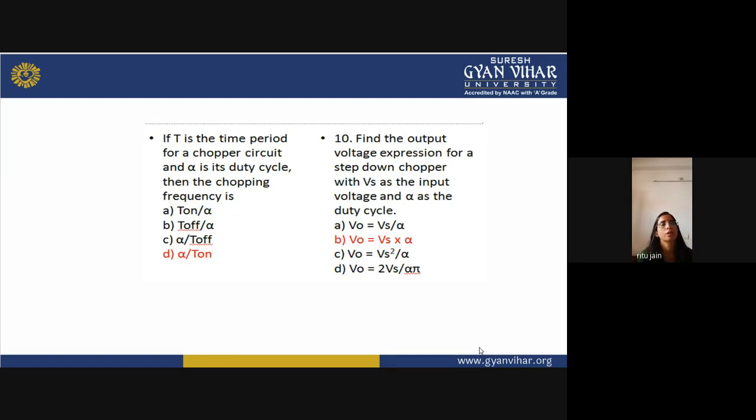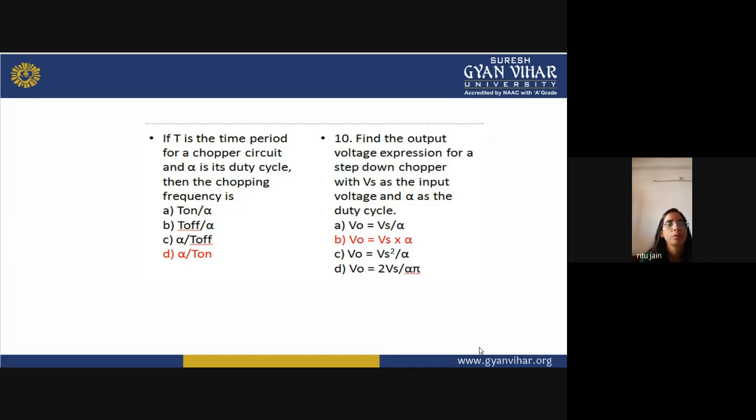Next question: T is the time period for a chopper circuit and alpha is its duty cycle, then the chopping frequency is? So we have already told you that the chopping frequency of your chopper will be alpha upon turn on time.